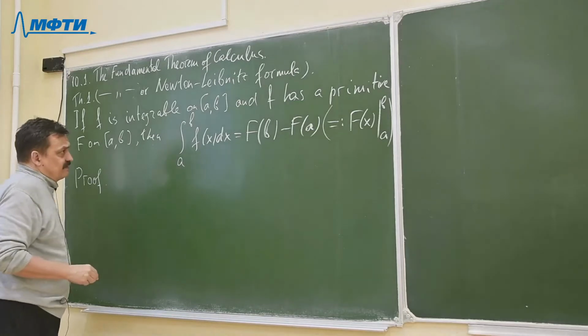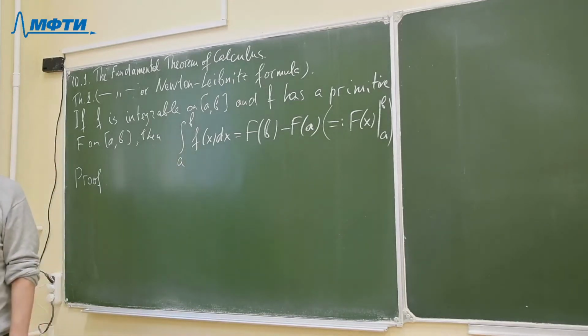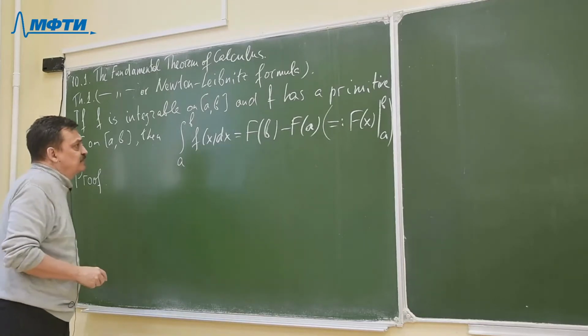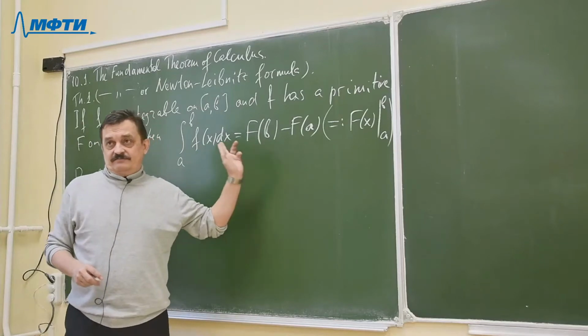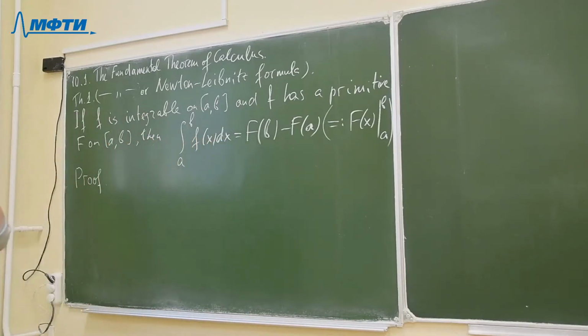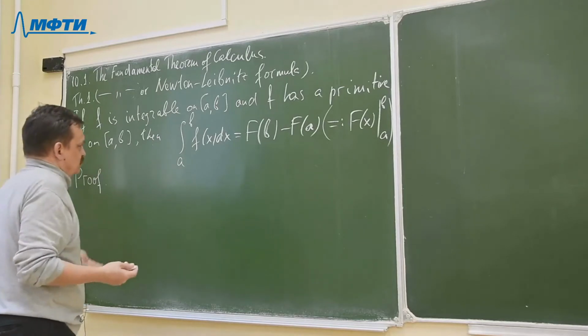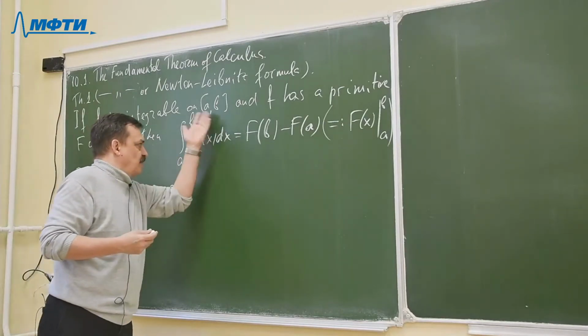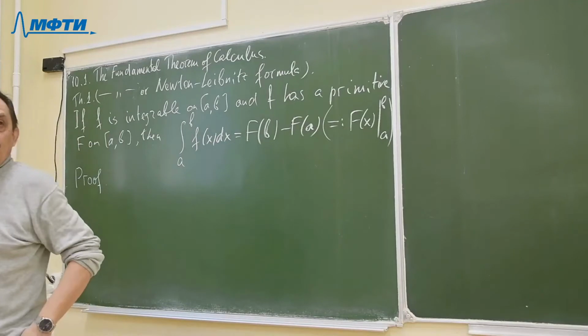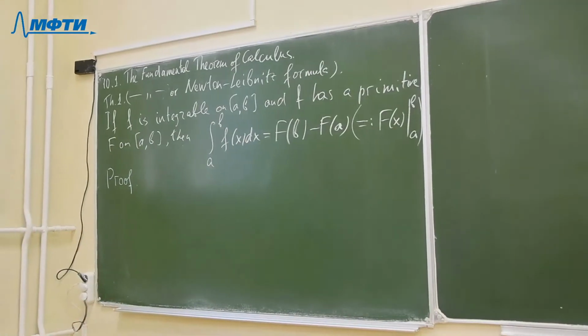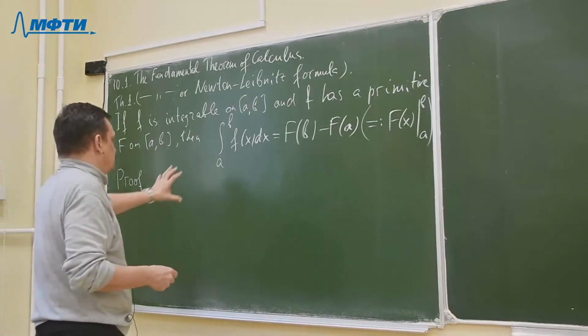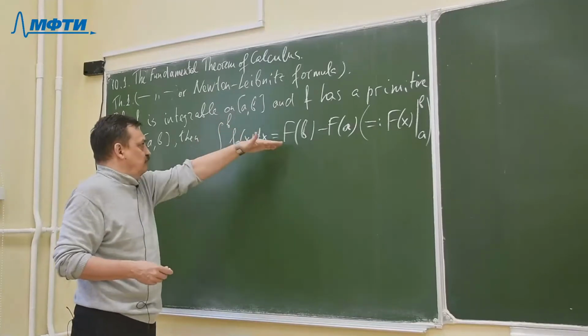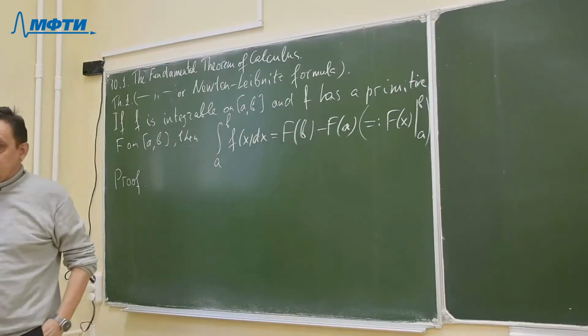So, proof. It's surprising that the best way to prove the theorem is to consider the right-hand side, not the left-hand side. Instead of integral, it seems we should try to understand how we can connect computation of integral with values of primitive.